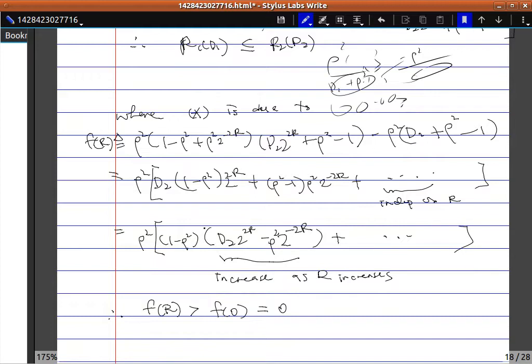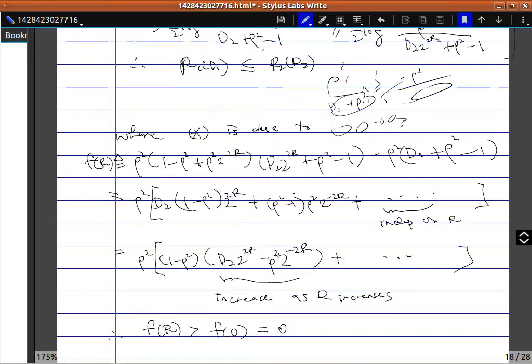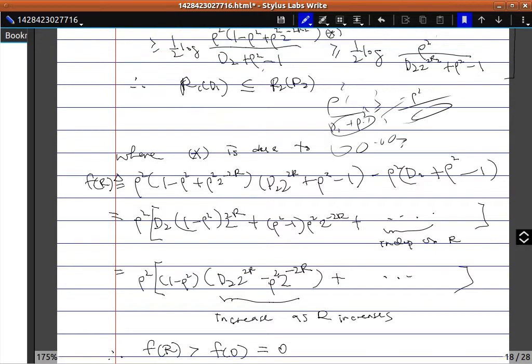And what we can see is that for those terms, as R increases, this whole function f_R will increase, because as R increases, these terms get bigger. As R increases, this term will get smaller, but I have a negative sign, therefore this will also get bigger. So therefore I will have f_R is bigger than f_0 here.